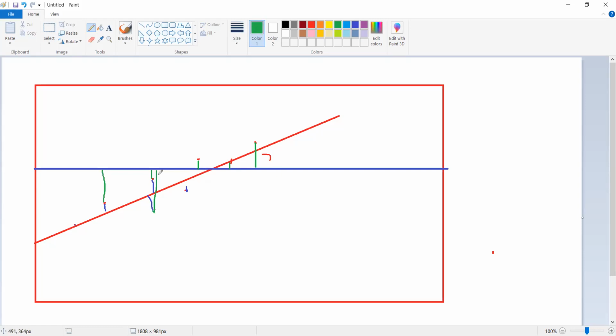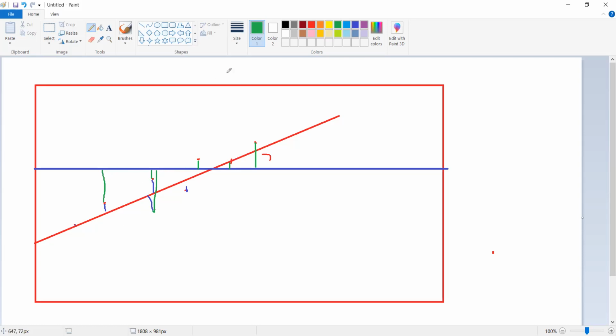And you can clearly see, right? The green line is going so far. With the red line, obviously the points will be closer. That's the meaning of the regression line: the best fit line, the line that will have the least error. You cannot have any other line which will have less error.